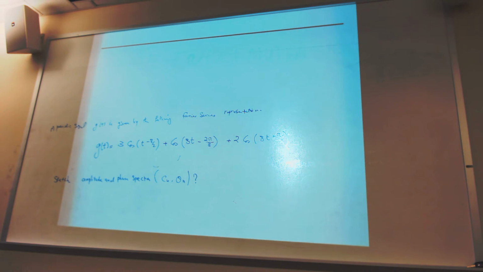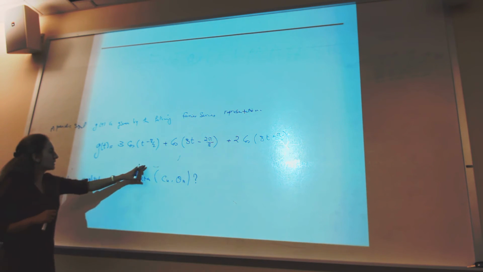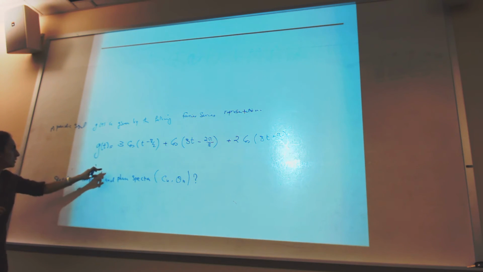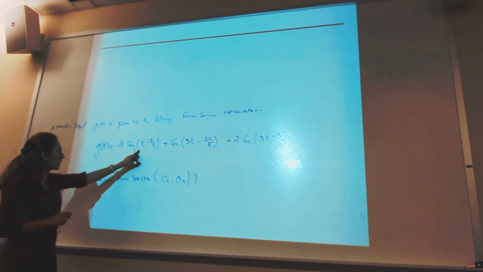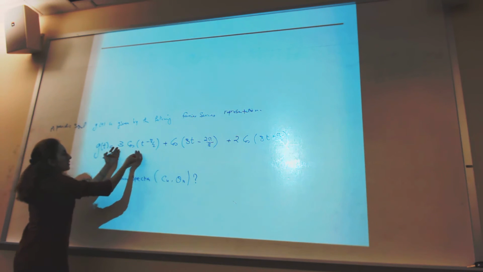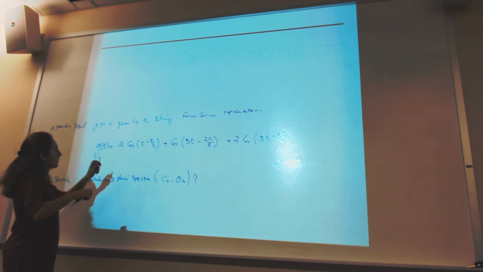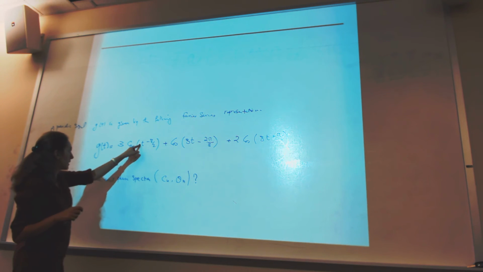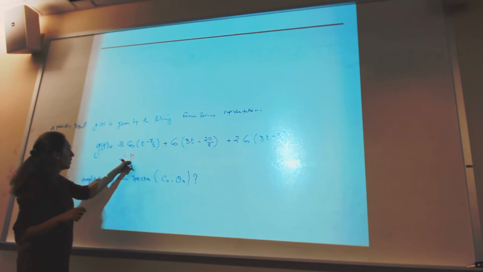So before I start, what is the period of this signal? This is a cosine. What's ω₀ here? What's the period of the first one? Well, 2π over 1, so this has a period of 2π.